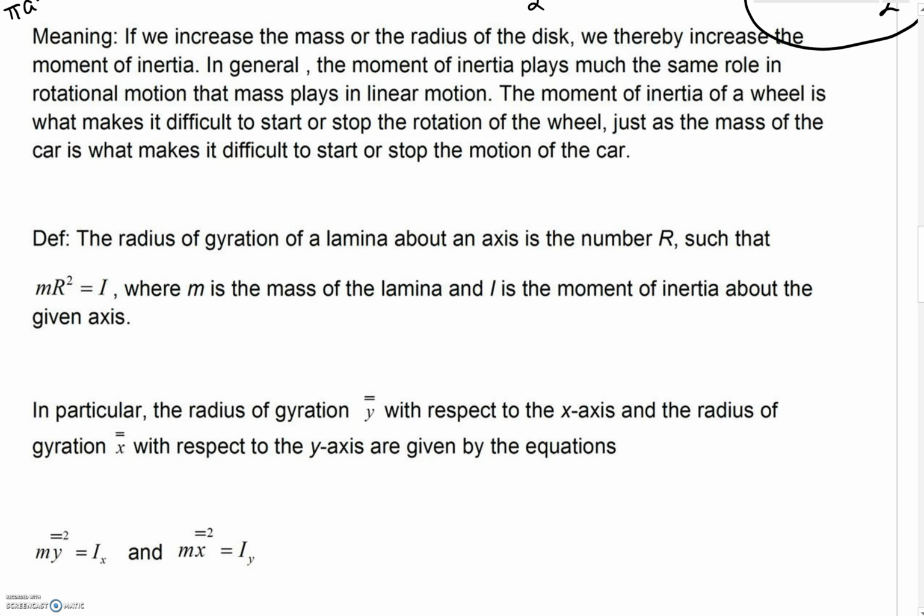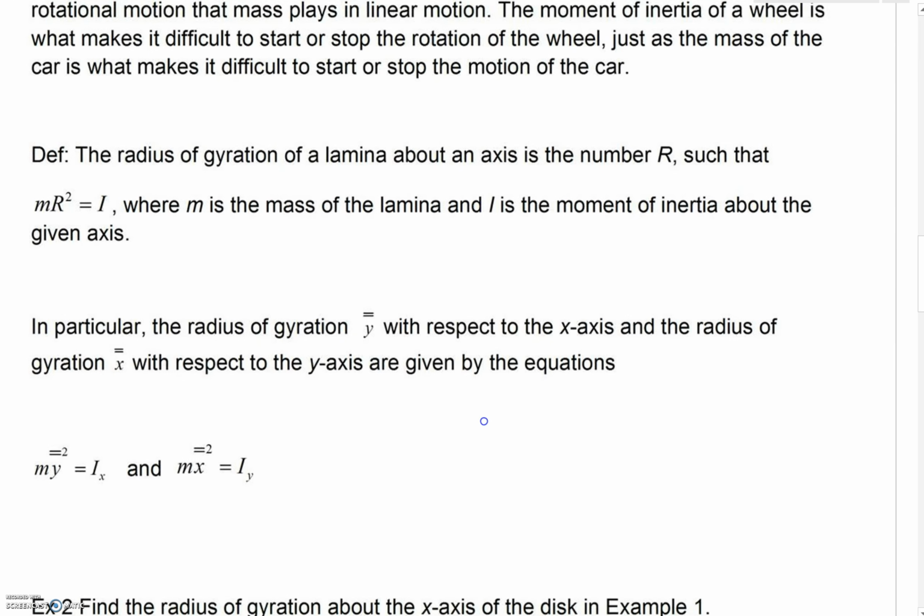So, in particular, the radius of gyration, which we'd write as y double bar, with respect to the x-axis, and the radius of gyration x double bar, with respect to the y-axis, are given by these equations.